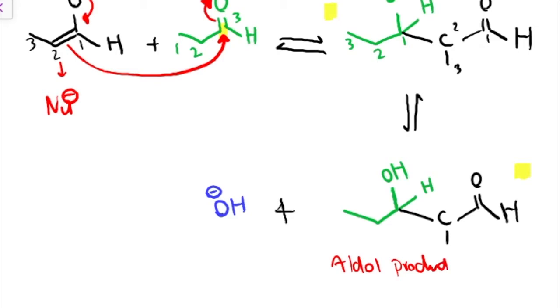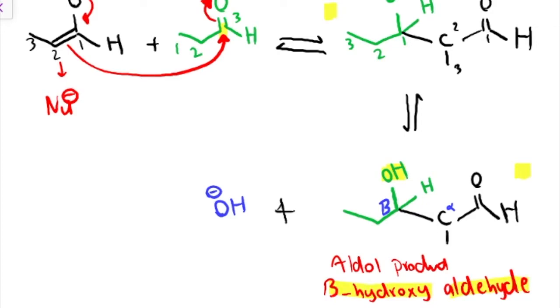It's actually a beta hydroxy aldehyde. It's called beta hydroxy because, again, remember, this is the alpha carbon right next to the carbonyl group. The carbon after that is called the beta, and on the beta carbon we have a hydroxy, so this is called a beta hydroxy aldehyde.